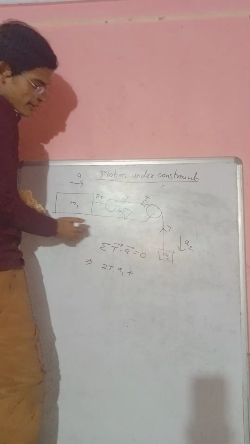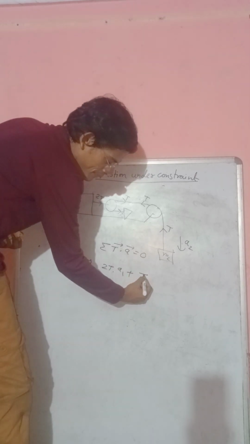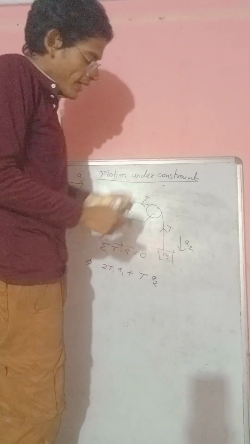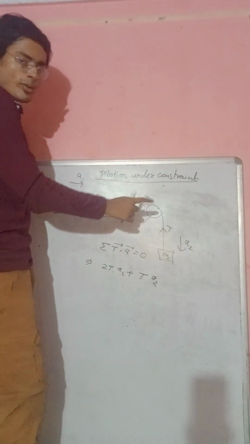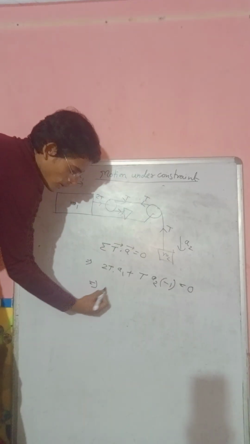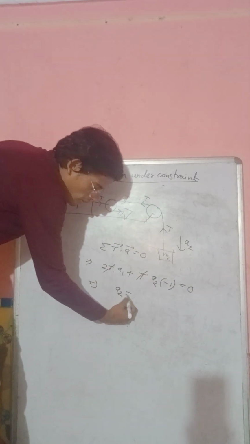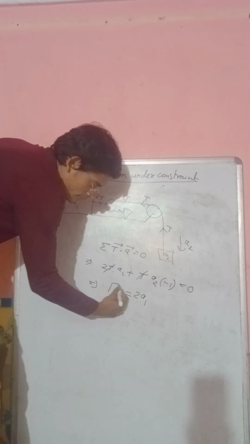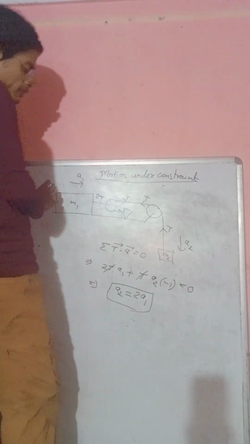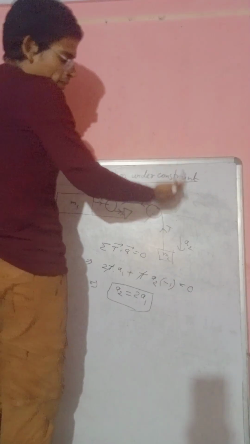Plus for block 2, tension force is T, acceleration A2, but both of them are moving exactly opposite to each other. That means cos 180, that means minus 1, equal to 0. So tension force cancels out. So A2 equal to 2A1. That means whatever the acceleration of this block is, double will be here.